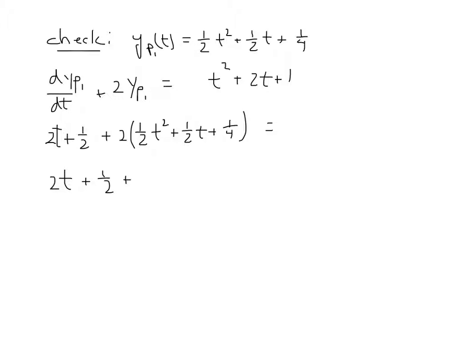I apologize. The derivative of 1/2 t squared is not 2t. The derivative of a half t squared is just a t. I'm looking at this and saying something's wrong. Okay, so t plus 1/2 is correct.